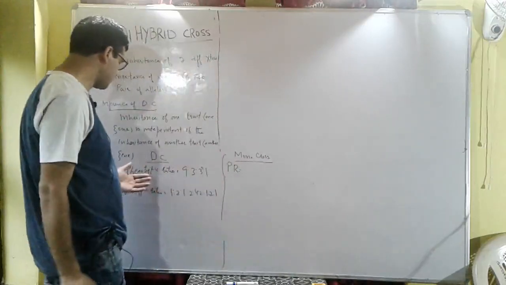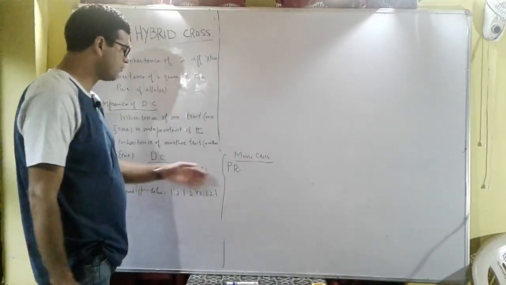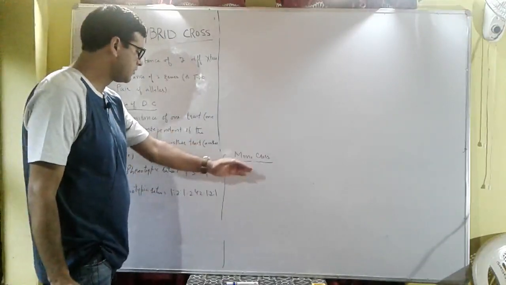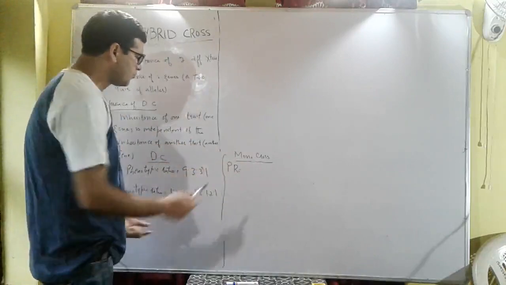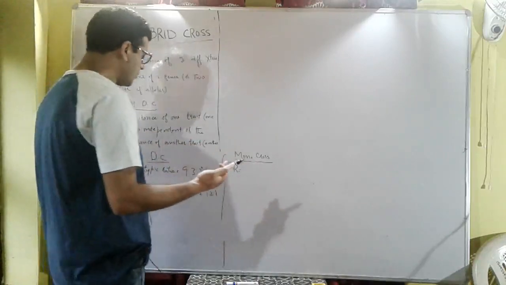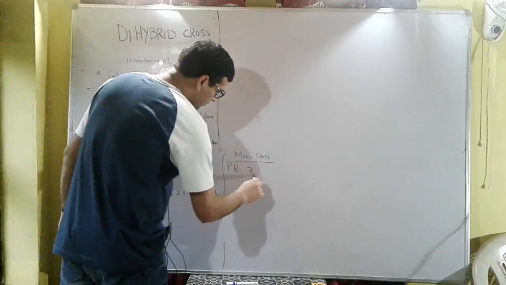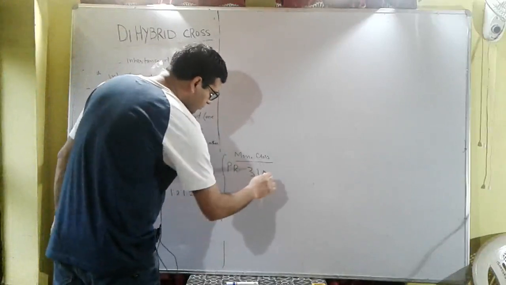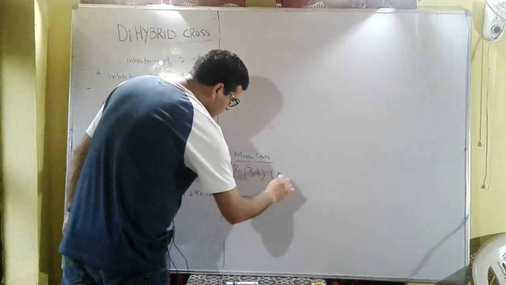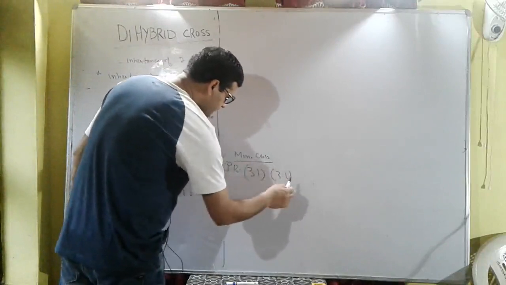We can calculate this dihybrid phenotypic ratio from the monohybrid phenotypic ratio. In case of monohybrid cross, we have a phenotypic ratio of 3:1. So it would be like this: 3:1 into 3:1.